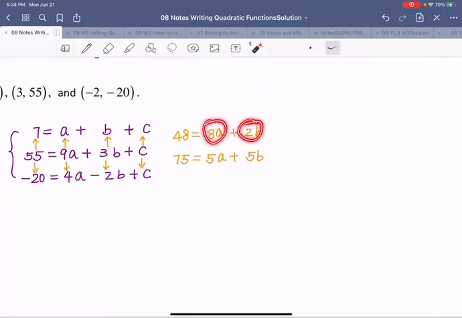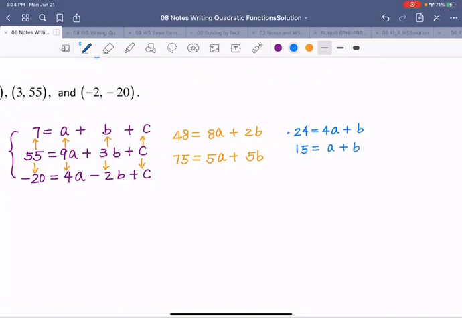Can we divide it by 2 for both sides, please? 24 is equal to 4a plus b. Good. And the second one is 15 is equal to a plus b. Very good. Next. And then subtracting them would be 9 is equal to 3a.